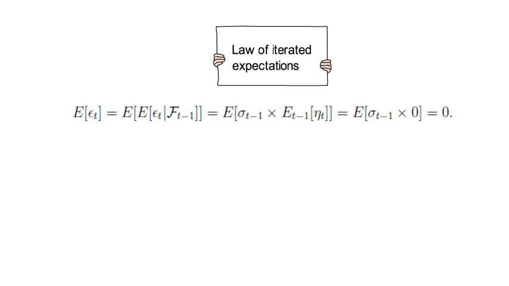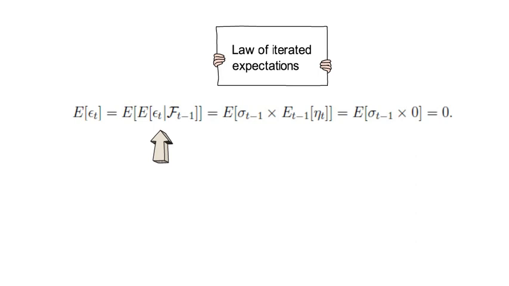On the left hand side you have the unconditional expectation of epsilon t. That equals the unconditional expectation of the conditional expectation of epsilon t, where you condition on t minus 1. You do that because now you rewrite epsilon t by the ARCH(1) assumption as sigma t minus 1 times eta t.